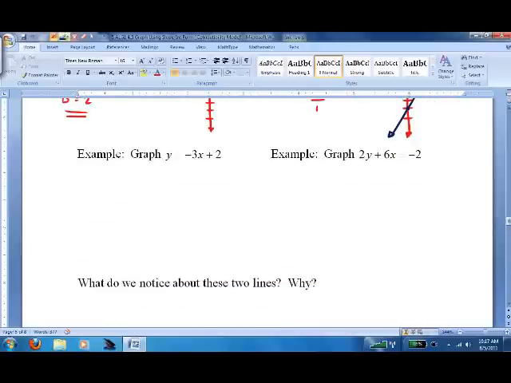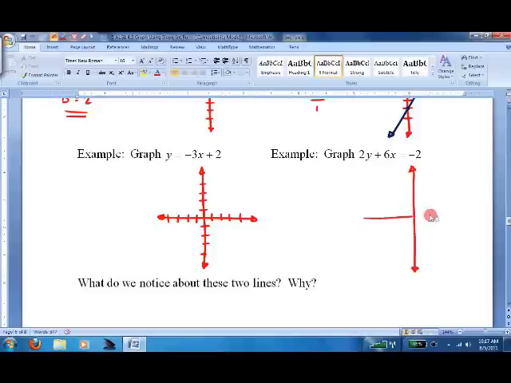A couple more examples. I'm going to draw my graphs at the same time to save a little time here. So over here we have m equals -3, and again I'm going to put it over 1.